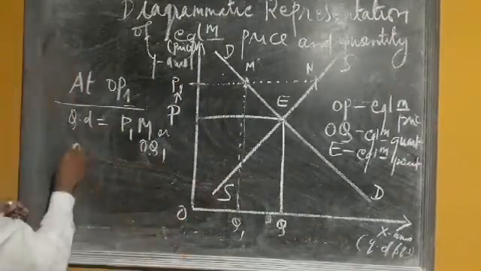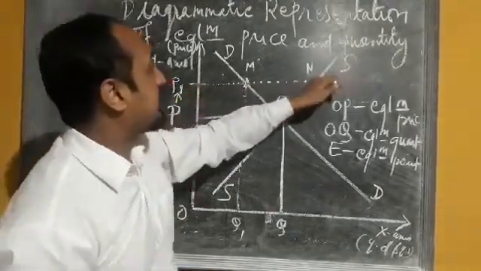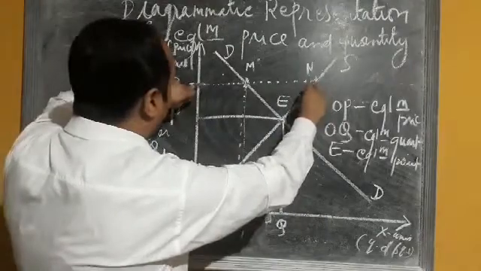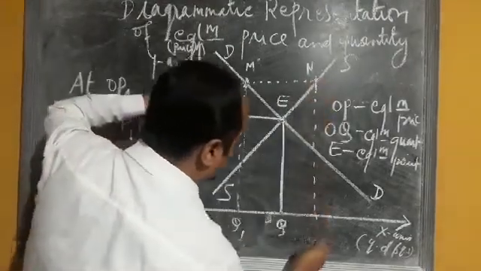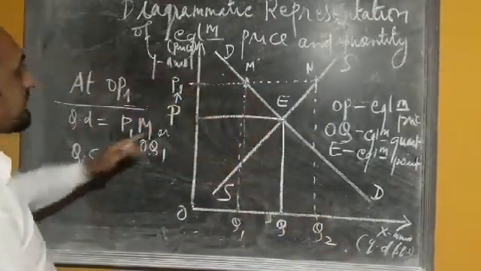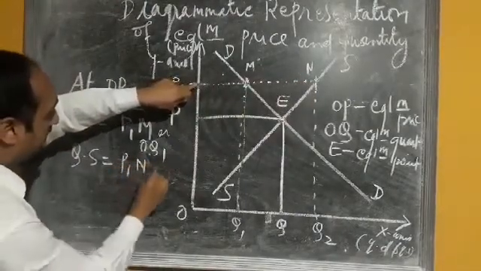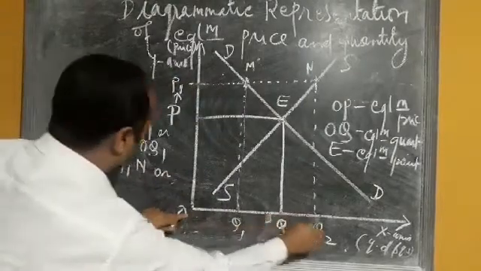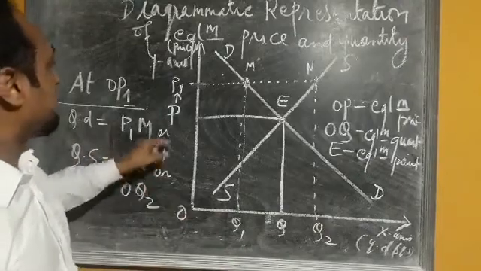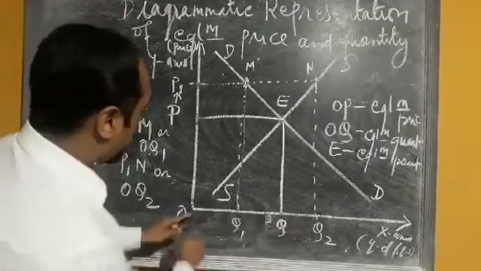And for quantity supply, this line intersects the supply curve at point N. So you can consider the quantity supply as P1N, or you can draw this line and call it Q2. So quantity supply will be either P1N or OQ2. P1M or OQ1 is the quantity demand, and the quantity supply is P1N or OQ2.